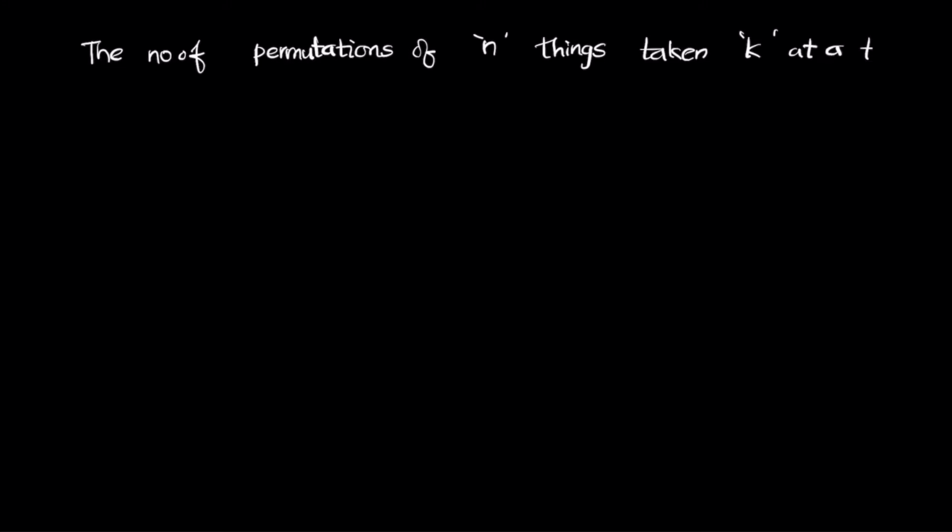The number of permutations of n things taken k at a time is written as nPk, which is defined as n factorial over (n minus k) factorial. So what does this represent?